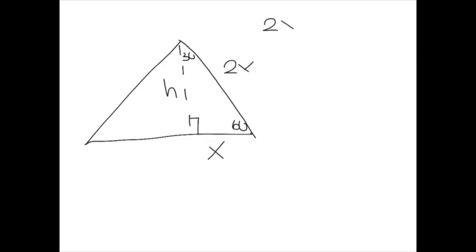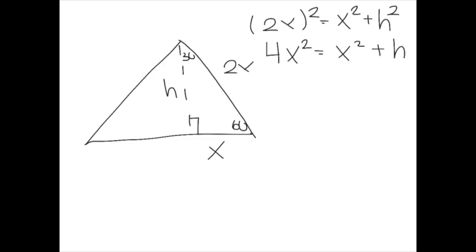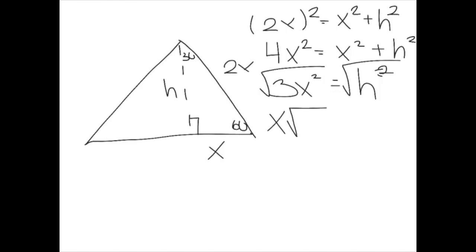So 2x squared equals x squared plus h squared. You would get 4x squared equals x squared plus h squared. Subtract x squared from both sides. Radical, radical, and you would get x radical 3 equals h.